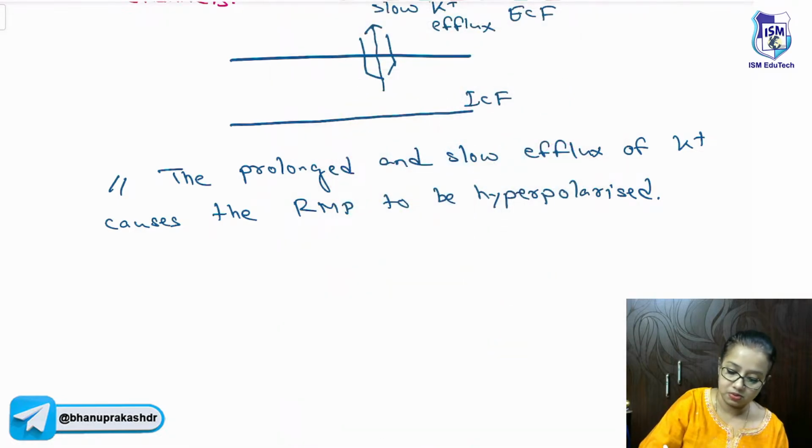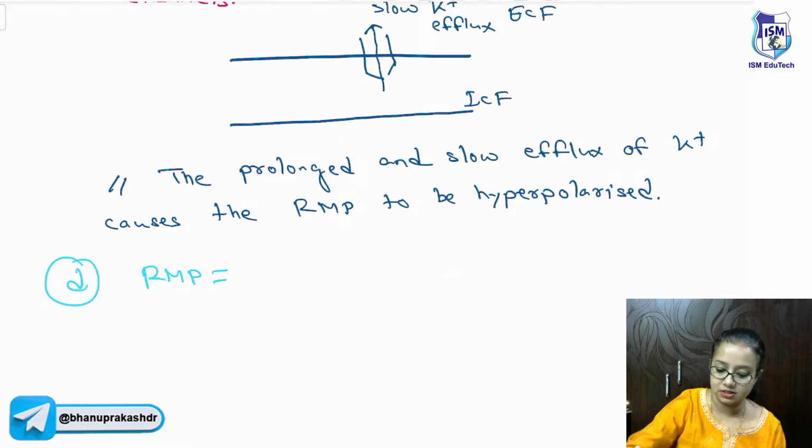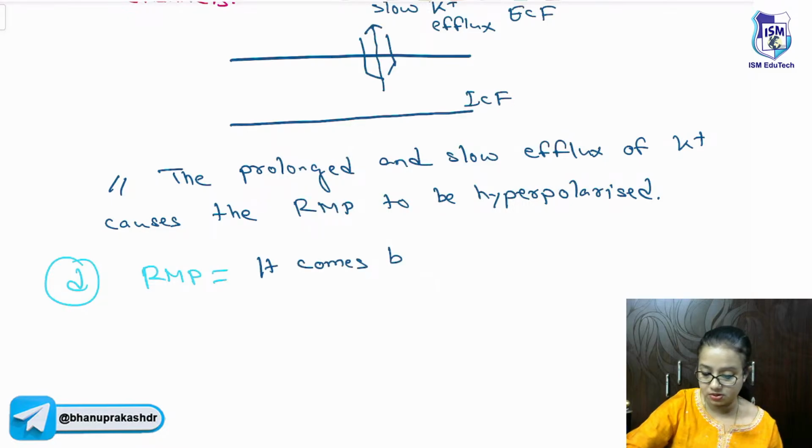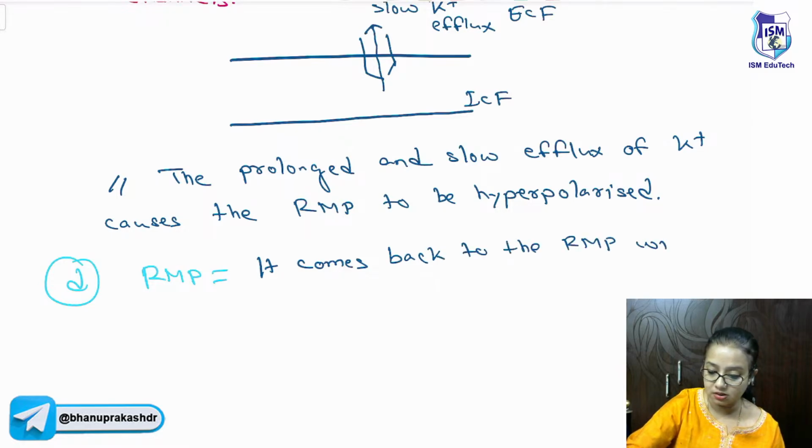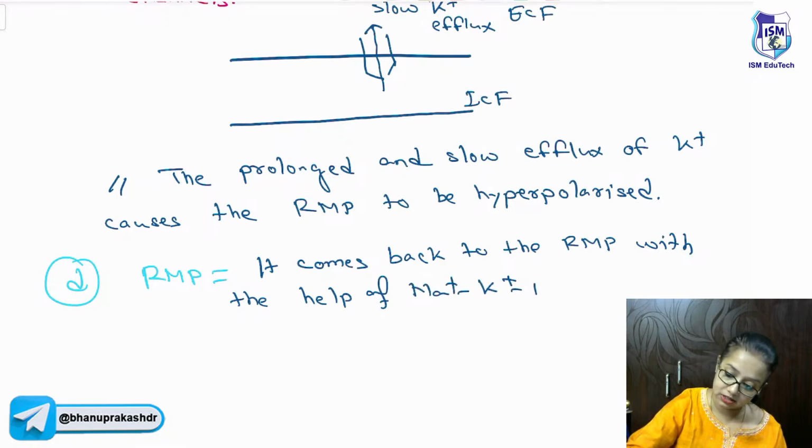After hyperpolarization, the resting membrane potential comes back to normal with the help of the sodium potassium ATPase.